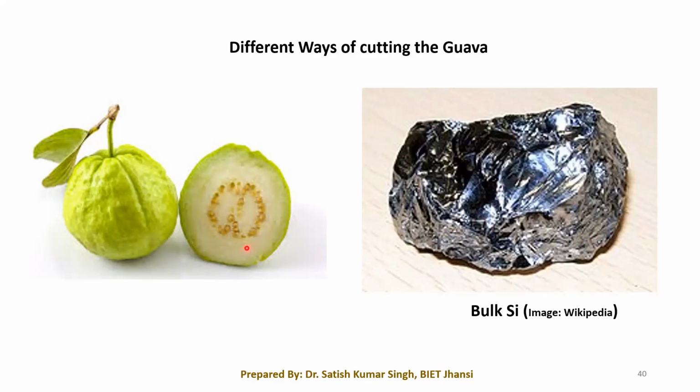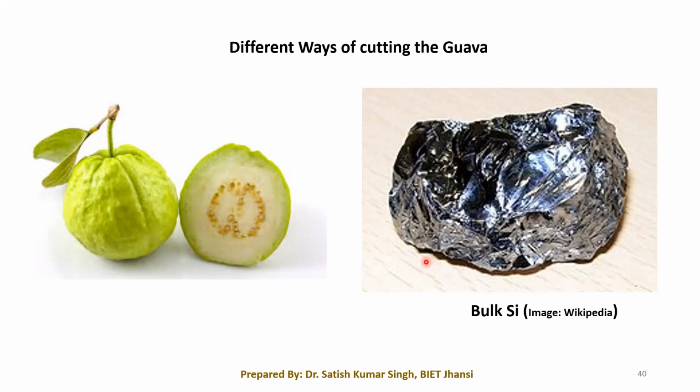As in this case, I told you that we were interested in the number of seeds and the pattern of the seeds. Similarly, if I cut this bulk silicon, we are interested in the surface that we are going to expose, and what the properties of that particular surface will be.